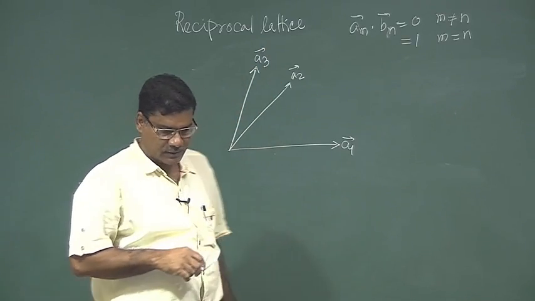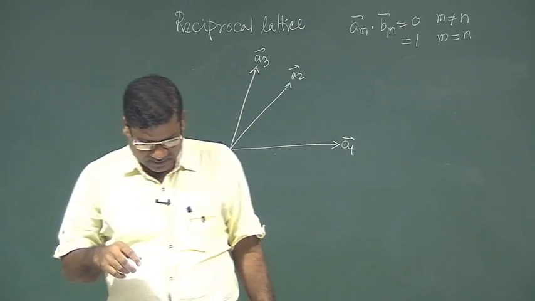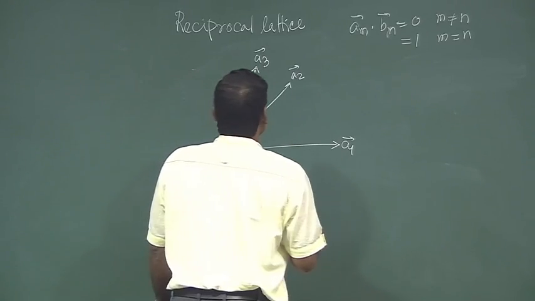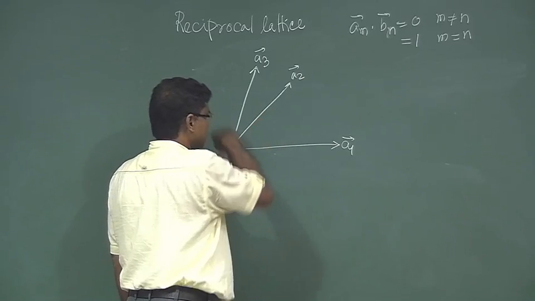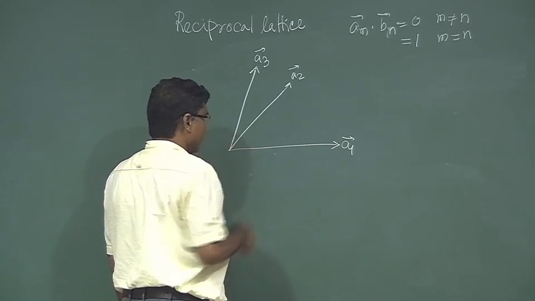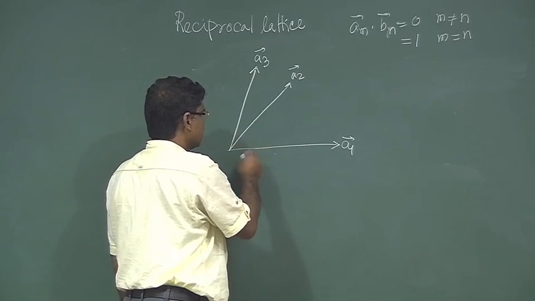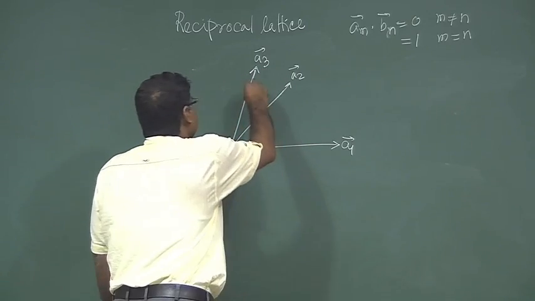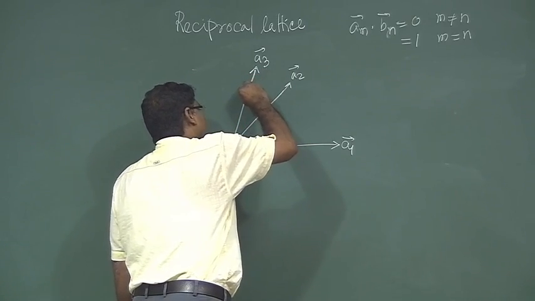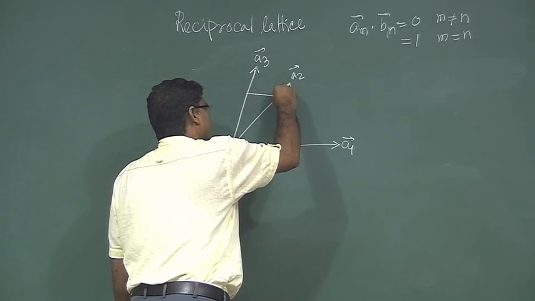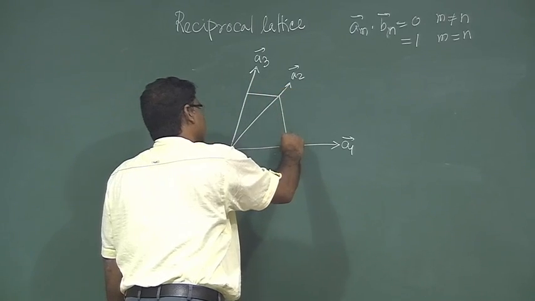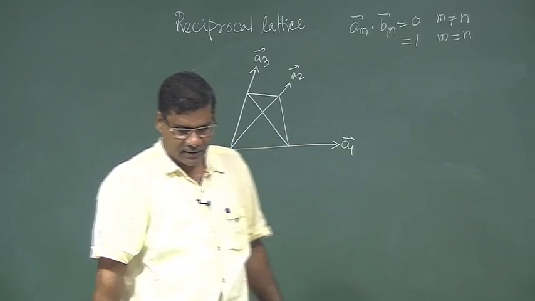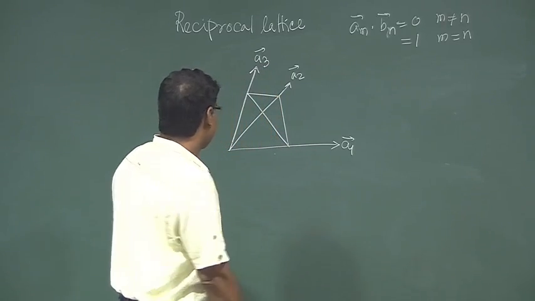So, using this axis system, if I just draw a plane, I think I should draw properly. I think if I draw this way, yeah. So, I think this is a plane ABC.